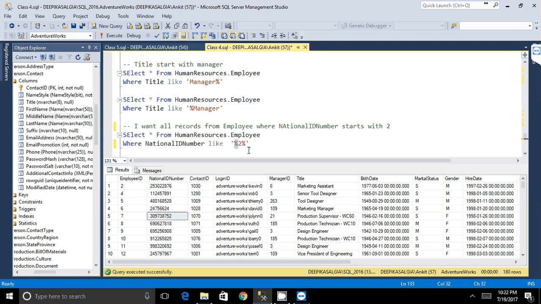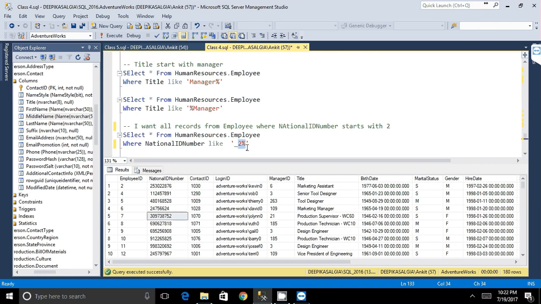So instead of percent, you would put an underscore. This means the first place could be anything: a special character, an alphabet, or a number. But the second digit has to be 2. So you put the underscore, then 2, and then percent. Why do you put the percent at the end? Because the first digit could be anything, the second is 2, and after it could be anything as well.